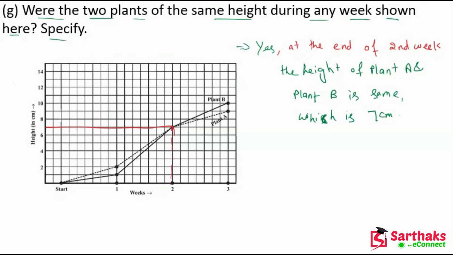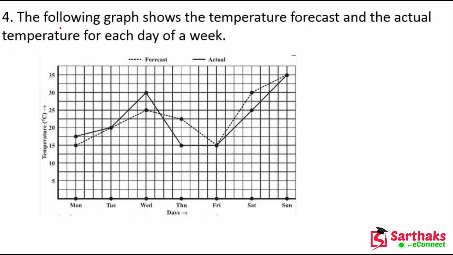Okay, yes, now the next question: the following graph shows the temperature forecast and the actual temperature for each day of a week. The dotted line represents the forecast and the continuous line represents the actual temperature. So again we have a double line graph.